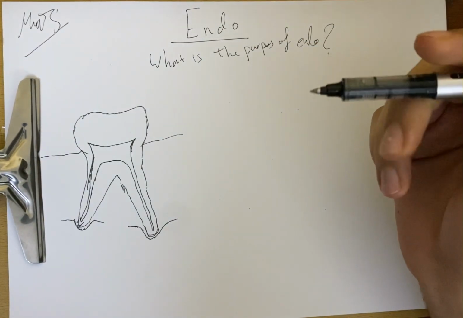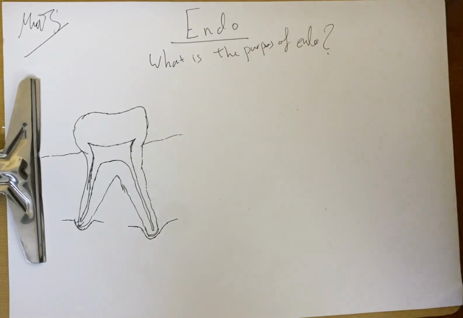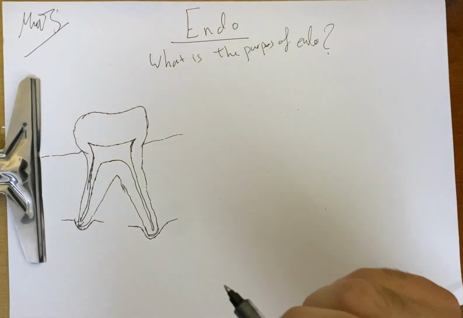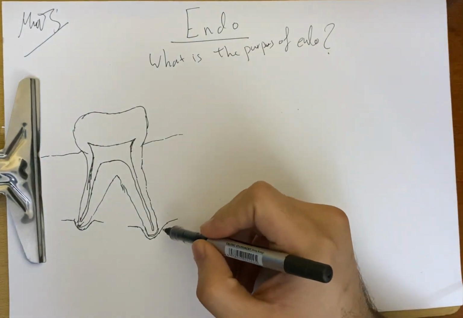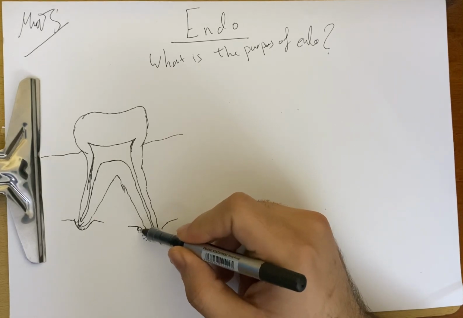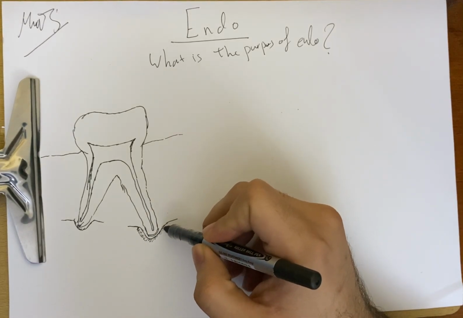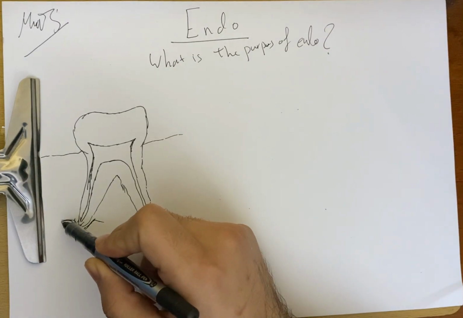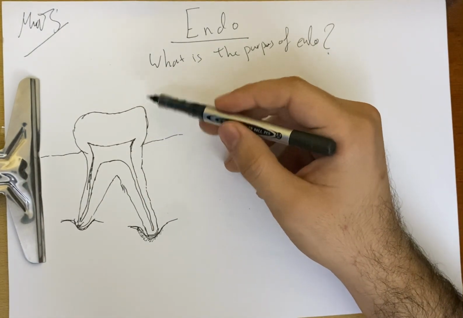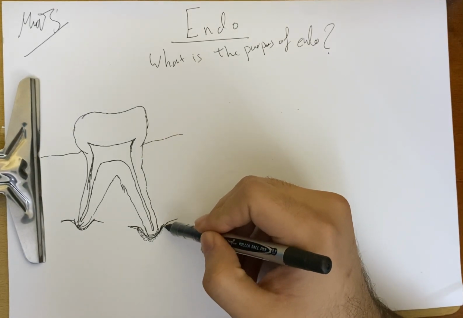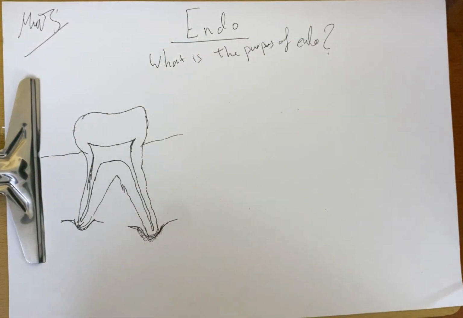The first purpose of endo, which is the most important, is prevention and or elimination of pre-apical pathosis. We want to save this area right here. So this is the crown, this is the roots, this is the pre-apical periodontium.